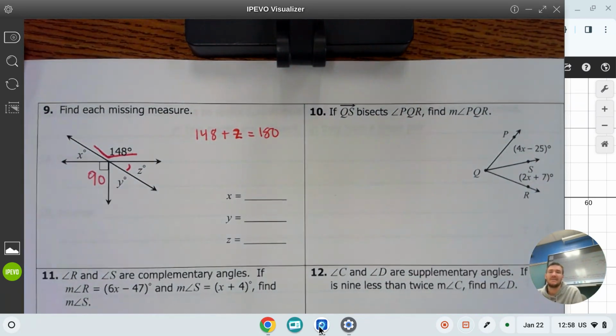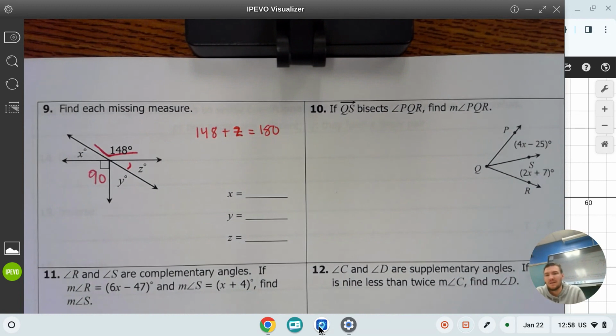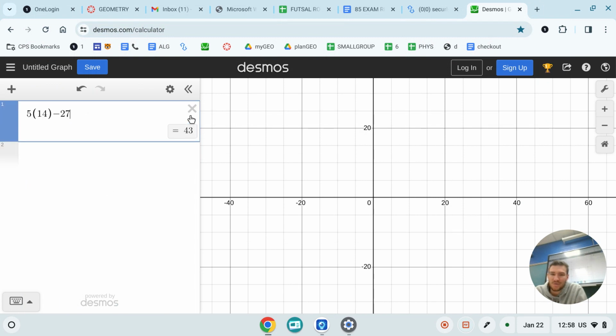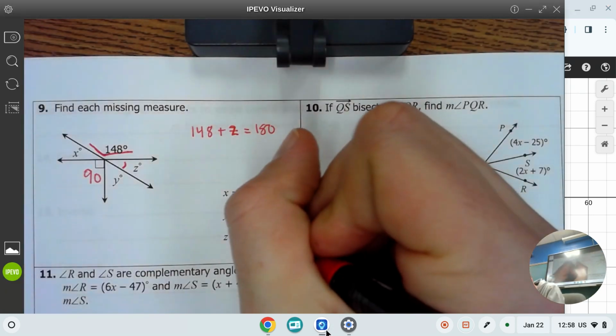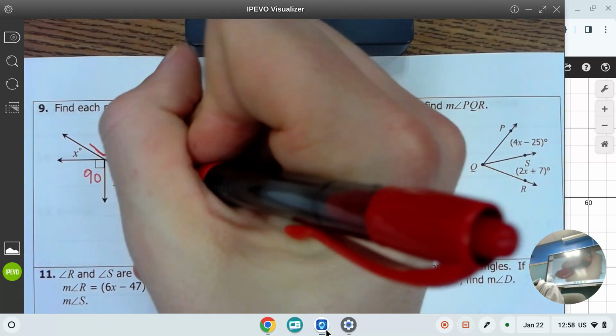Those are supplementary angles combining together to make 180. So on Desmos, we can't really use Z, so I'll just use X. 148 plus Z equals 180. It looks like 32. So Z is going to be a nice little 32 here.